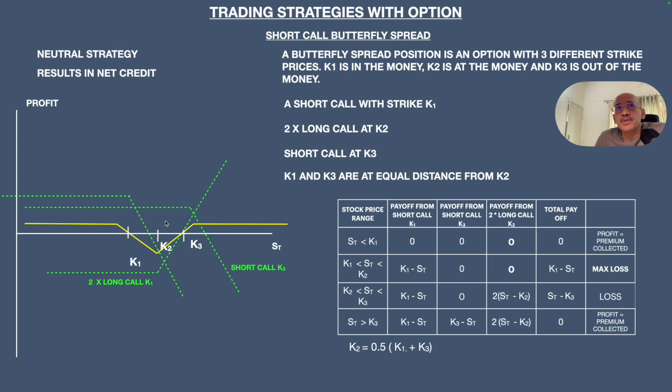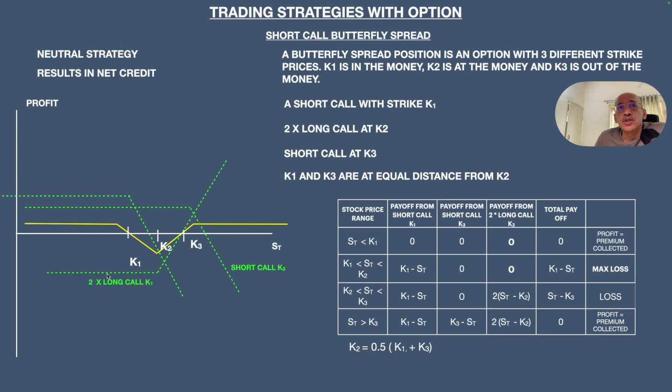Now let us assume the next situation when the price is between K2 and K3. What will happen? If it is between K2 and K3, the short call at K3 will not result in loss, and you get to keep the premium. You have collected the premium here, no? You can keep that premium.